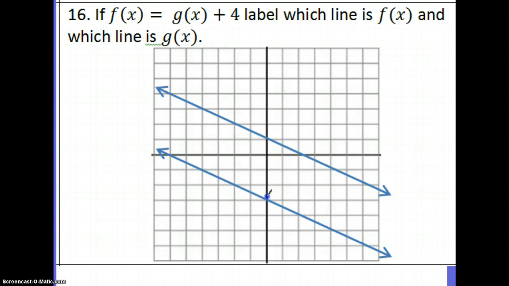So if you look here, the f needs to be plus 4. So this bottom one needs to be g. G plus 4 more is going to now be f. So the top line should be labeled f, the bottom line should be labeled g, because f is equal to g plus 4 more.